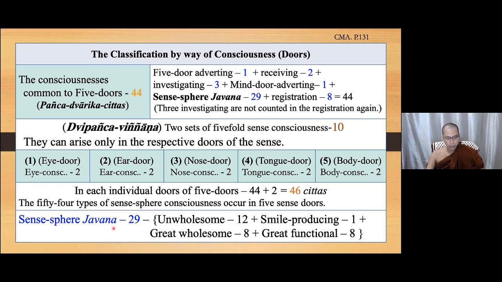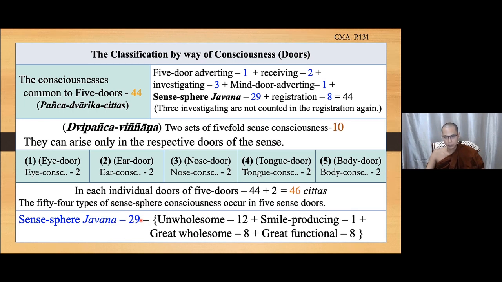The 29 sense sphere javanas refer to the 12 unwholesome, the one rootless consciousness that is smile-producing, the great wholesome 8, and the great functional 8. The great resultant is not javana. So altogether, there are 29 consciousnesses that can perform the javana function among the 54 sense sphere consciousnesses.